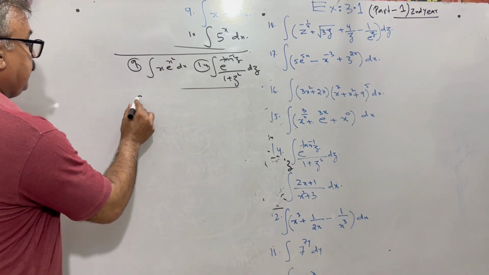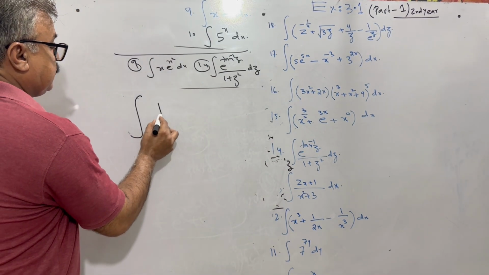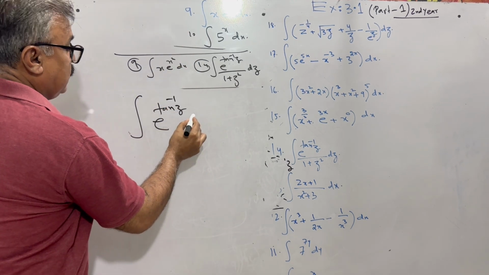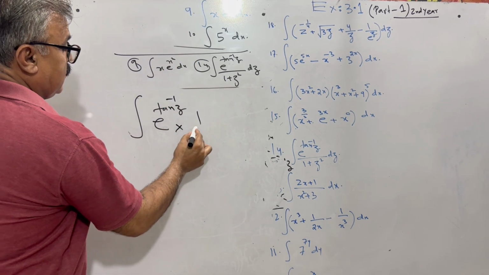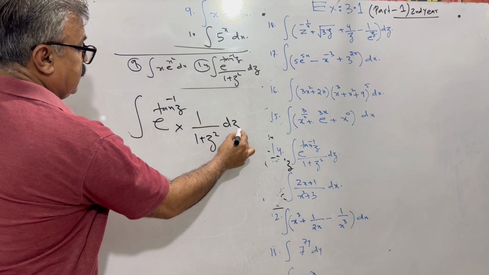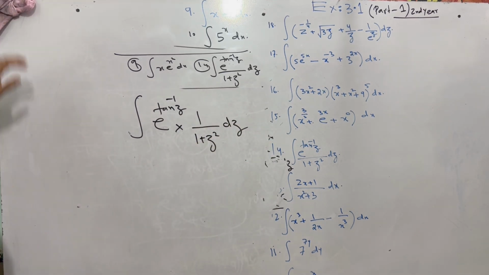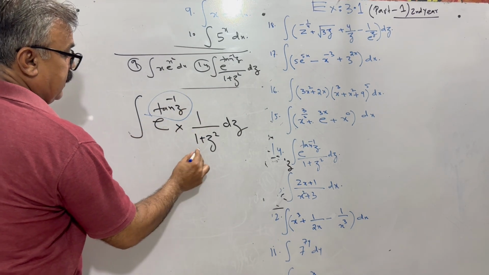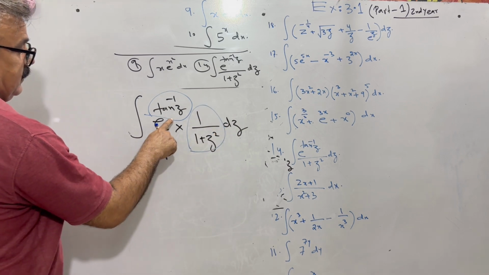That's number 14: e raised tan inverse z. This one can be written as 1 over 1 plus z square dz. Now look at this. This is our function and this is our differentiation.